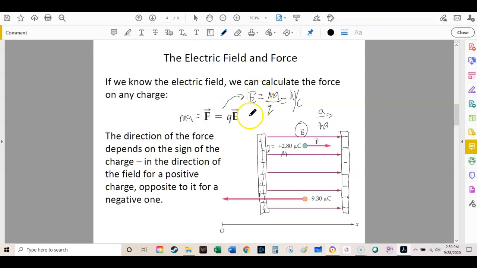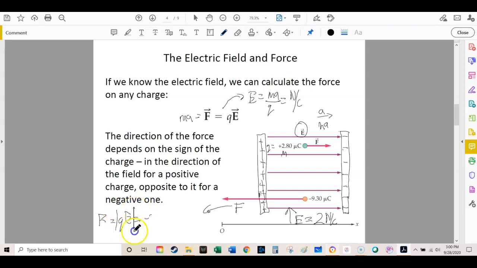Okay. The counterpart is also important to this as well. Suppose you knew the magnitude of that electric field, and let's say the magnitude of that electric field is 2 newtons per coulomb. Well, if you place a test charge in there, and that test charge is negative 9.3 microcoulombs, to measure the force, the force is going to be equal to charge times that electric field magnitude.